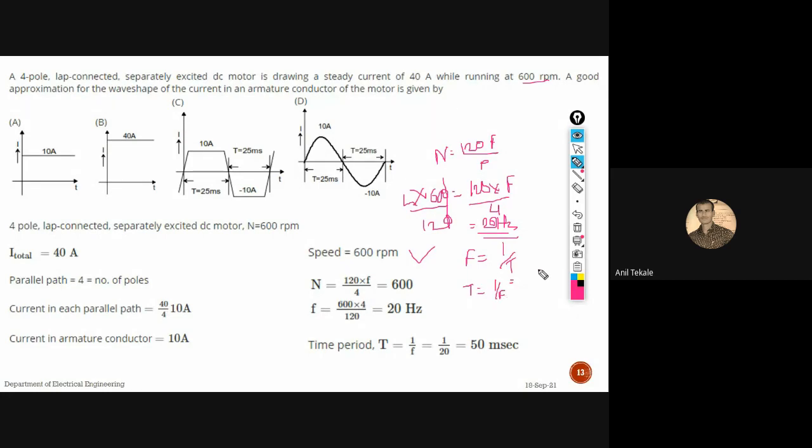So F is nothing but 20, so 1 upon 20 is nothing but 50 millisecond. Is that correct? Yes, sir. So this is the 50 millisecond.